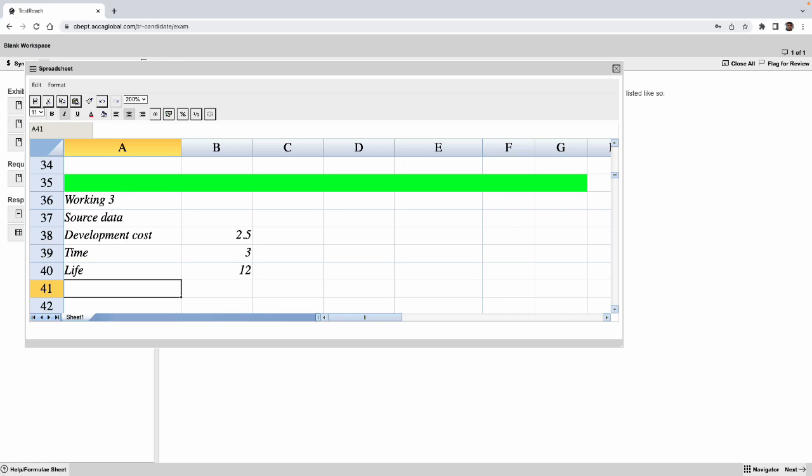Let's make sure you get this one correct. So here you do need to figure out how much is the cost.